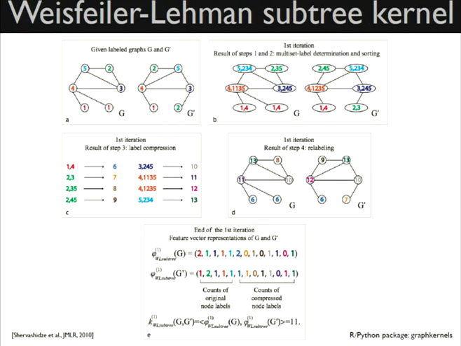And I want to show you one graph kernel that works reasonably well, called the Weisfeiler-Lehman subtree kernel. Let's start from the top left. This is your original graph, G, and another one, G prime. In the first iteration, you're going to create nodes with an identity that depends on their connectivity. Let's look at the first one.